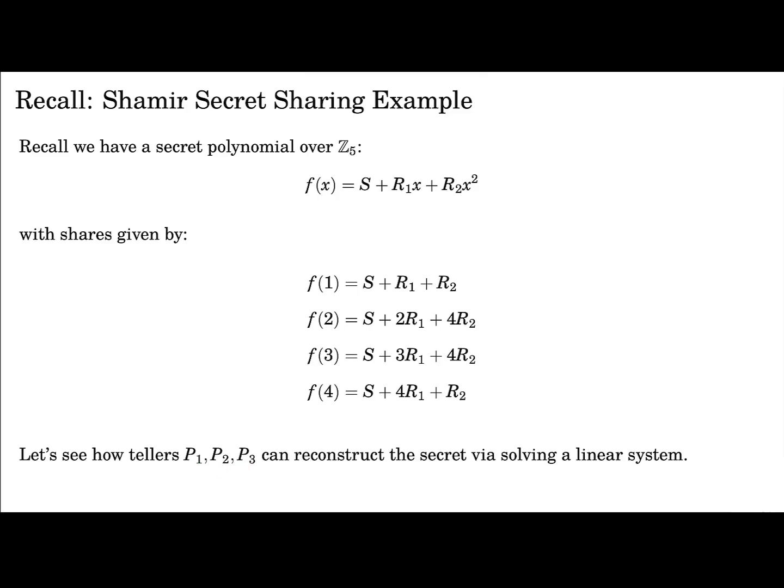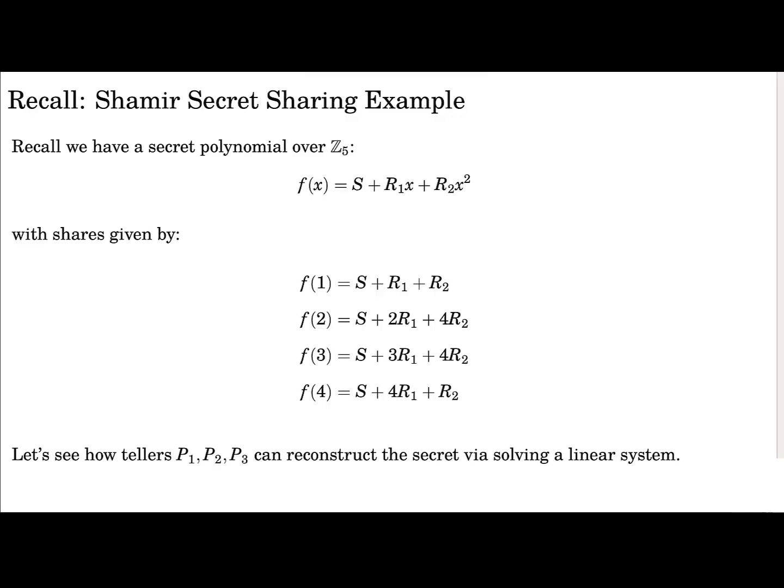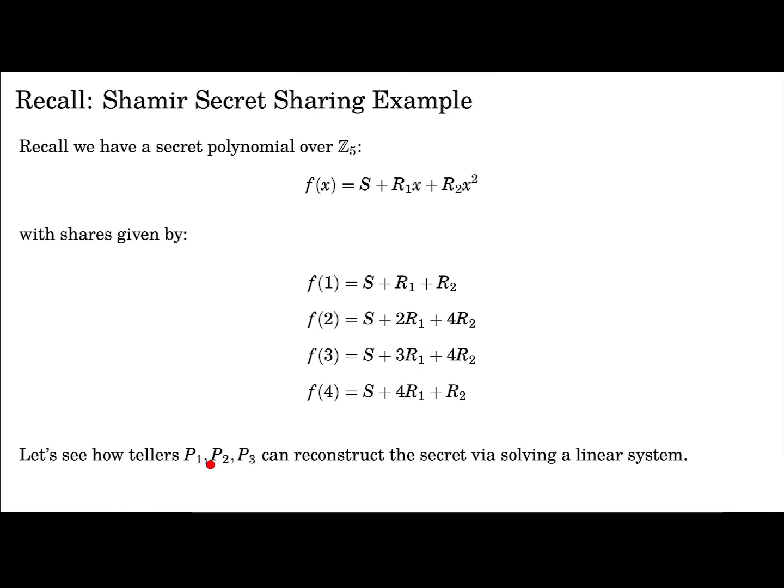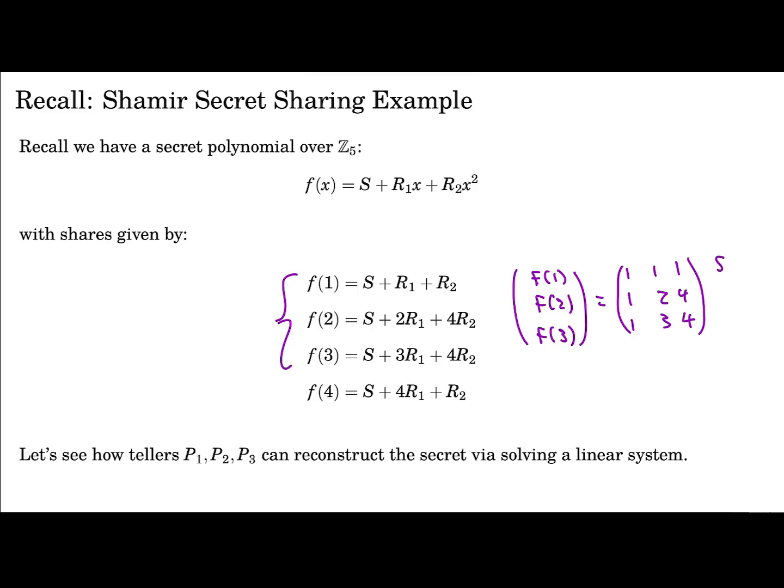Now we're going to show how to do it via a linear system. If you take participants 1, 2, and 3, the linear system that you're going to get is these three equations, and this can be written as f of 1, f of 2, f of 3 equal to the matrix with rows 1, 1, 1; 1, 2, 4; 1, 3, 4, times S, R1, R2.